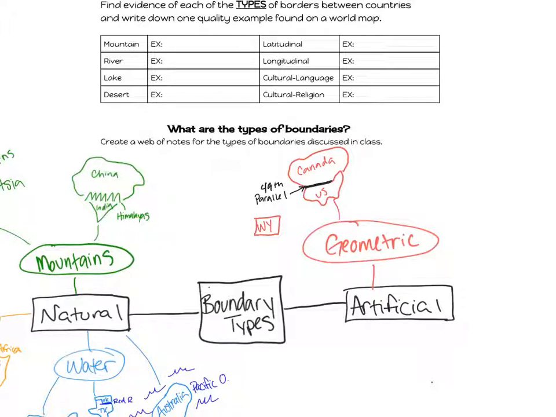So on the west side, this is 112 degrees west. And on the east side of Wyoming, this is 105 degrees west. Okay? This is a longitude line.